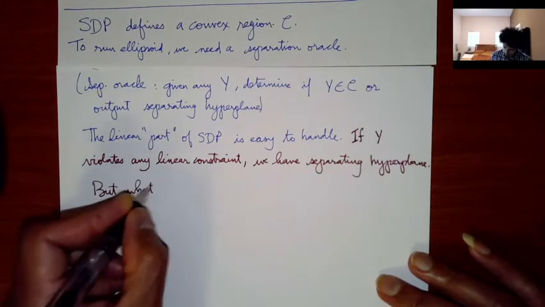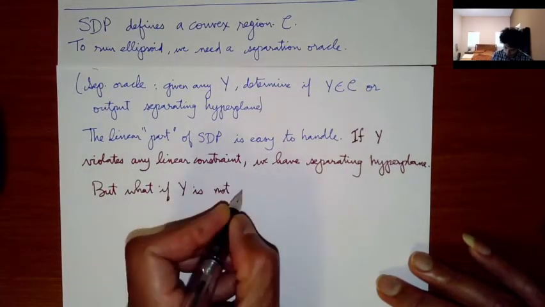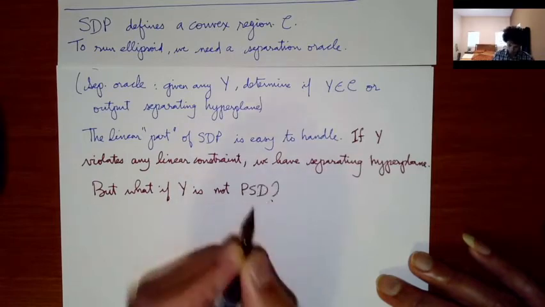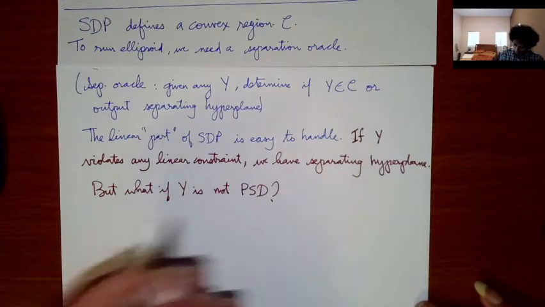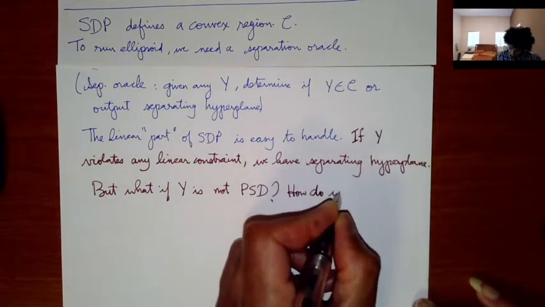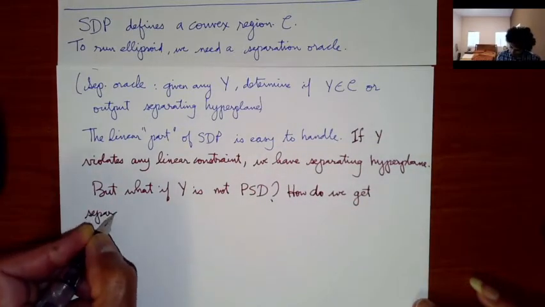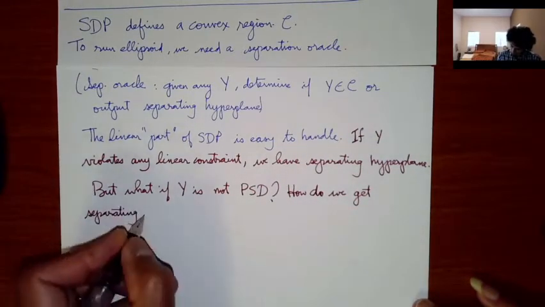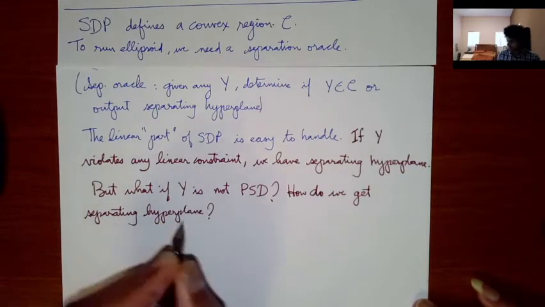But what if y is not positive semi-definite? So what if it's not a PSD matrix? How do we get a separating hyperplane?